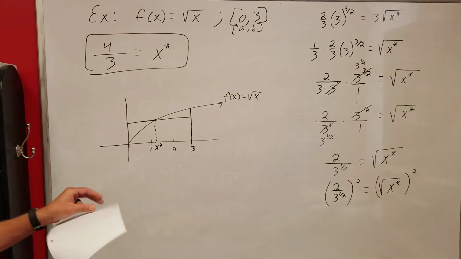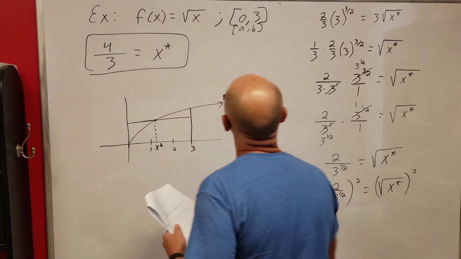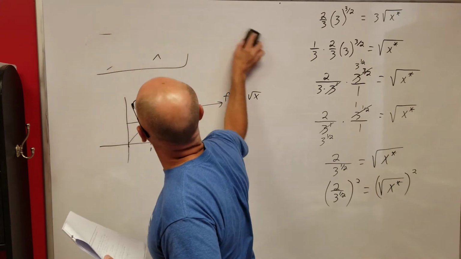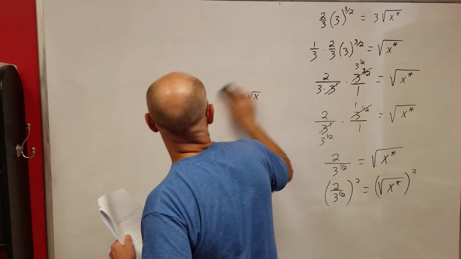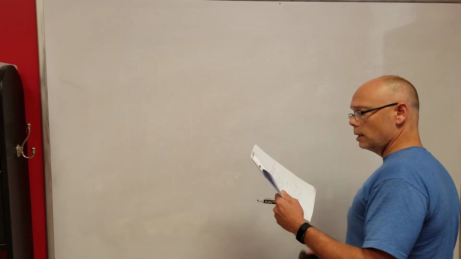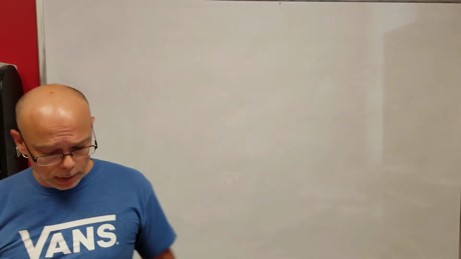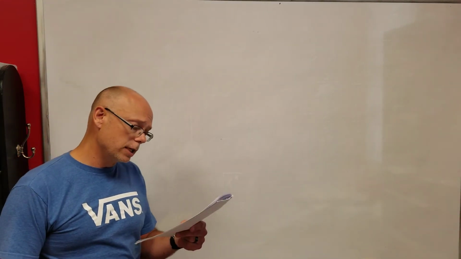All right, so let's see what's next. What's next is the Fundamental Theorem of Calculus Part 2. FTC Part 2. What does that read? According to your notes, that reads, if lowercase f is continuous on an interval, then lowercase f has an antiderivative on that interval.